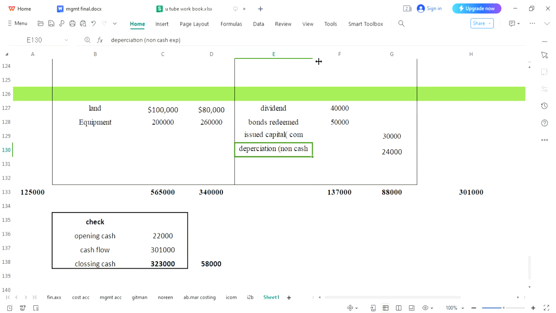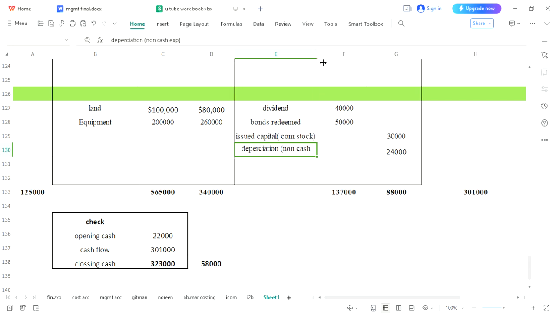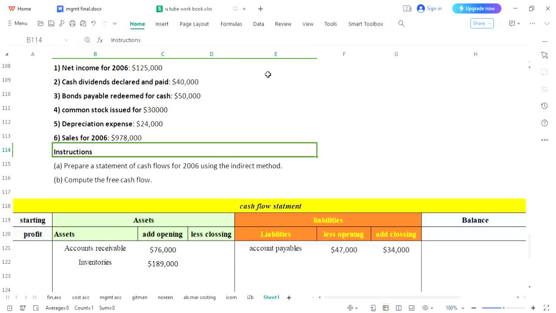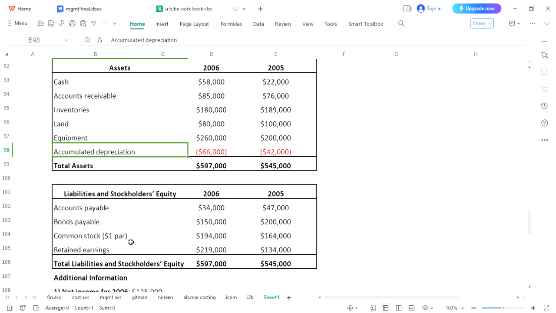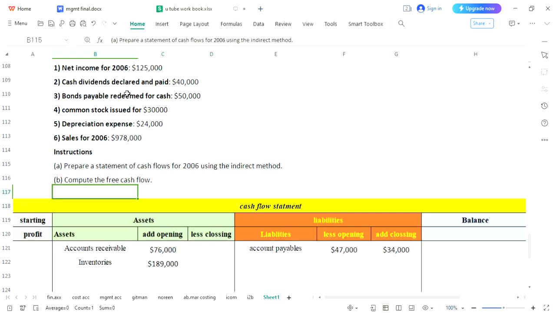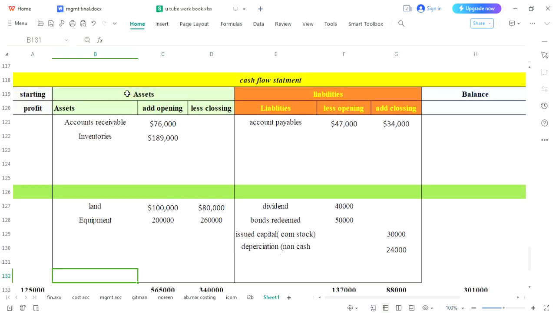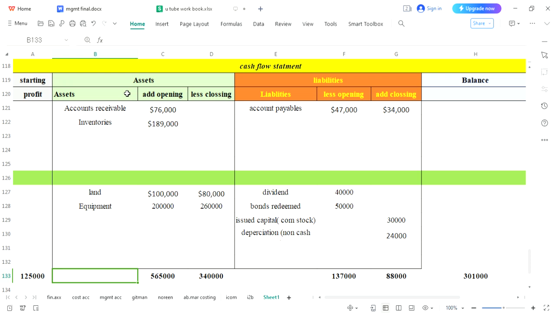Alright, and this is also adjusted, so we don't need to write capital as well. Retained earnings is not adjustable. It means all fixed and current liabilities are entered, and all fixed assets and current assets are also adjusted. So finally we are going to take our step.